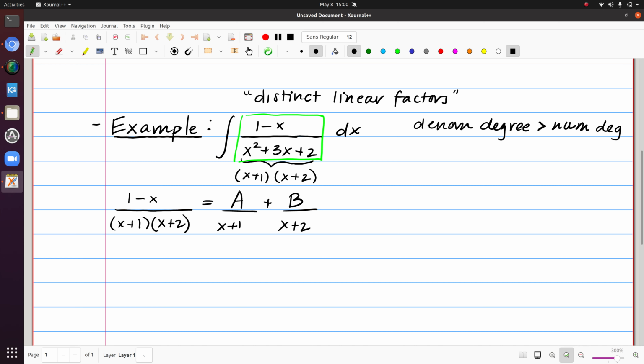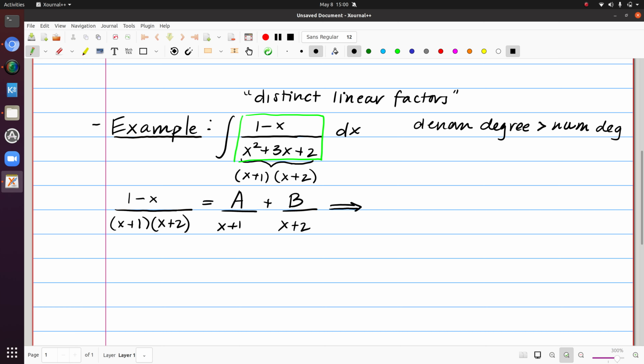And I happen to just put x plus 1 under a and x plus 2 under b. It doesn't matter. Okay. So essentially, having distinct linear factors and having the degree of the denominator greater than the degree of the numerator is what allows us to know that it is possible to find constants a and b such that this is true. So with that guarantee, then we want to go about trying to find what those constants are.